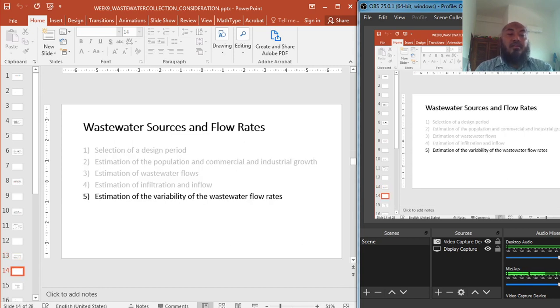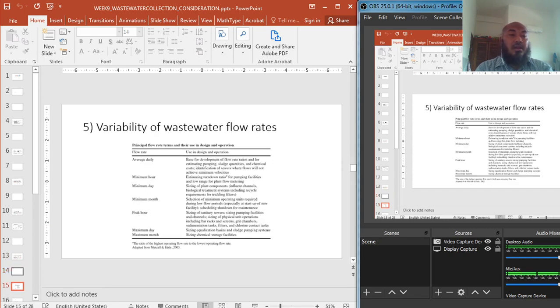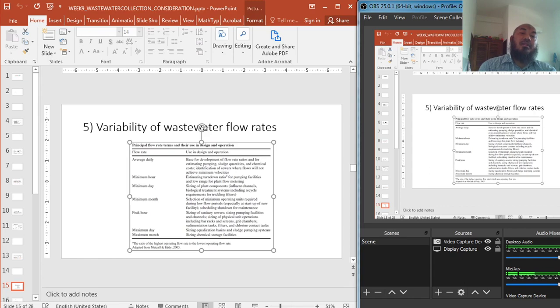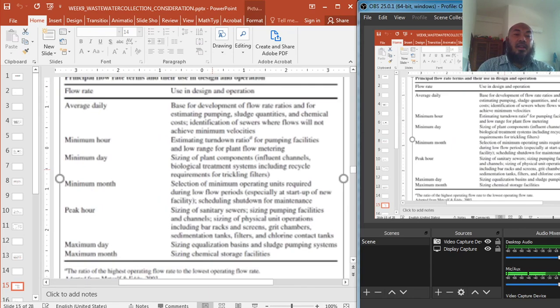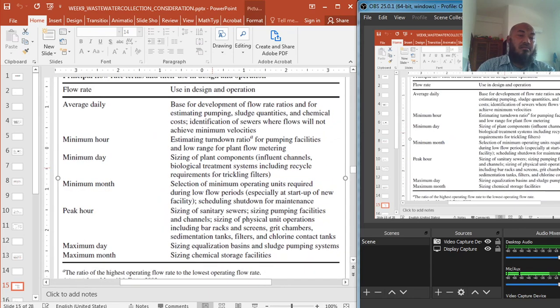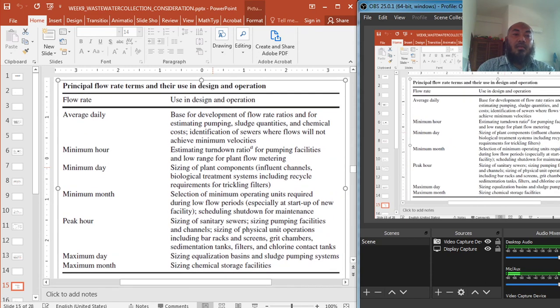Estimation of the variability of the wastewater flow rate. For the variability of wastewater flow rate, we have different flow rates.